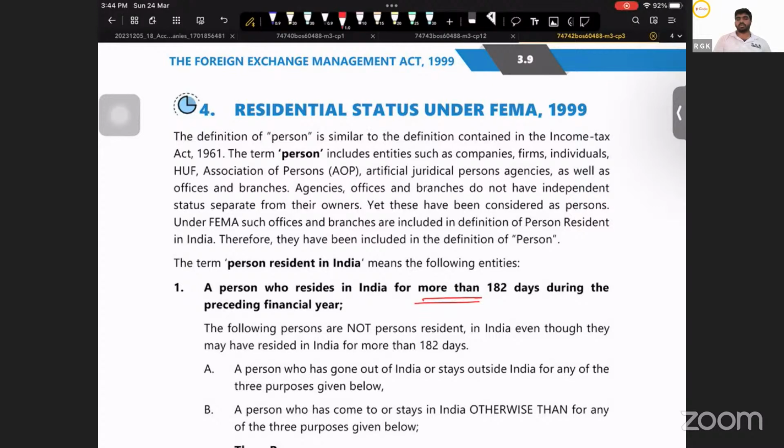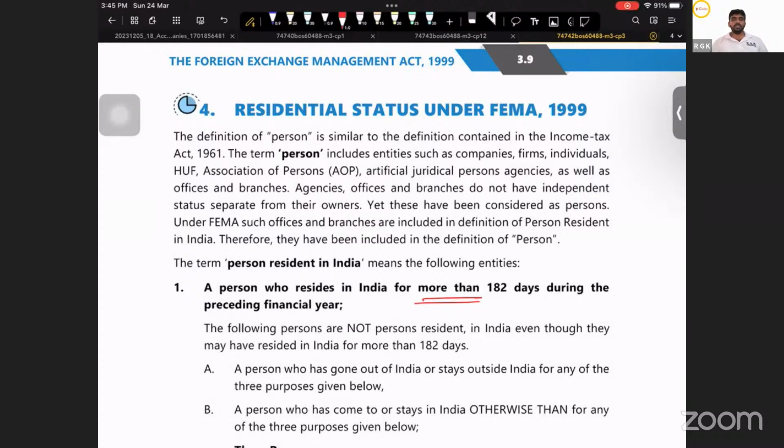Now ask the second question to determine his residential status: is he leaving India in the current financial year? If he is not leaving India in the current financial year, then there is no question of categorizing him as a person resident outside India. By all means, he is a person resident in India only. The challenge is with respect to a person who goes out of India.